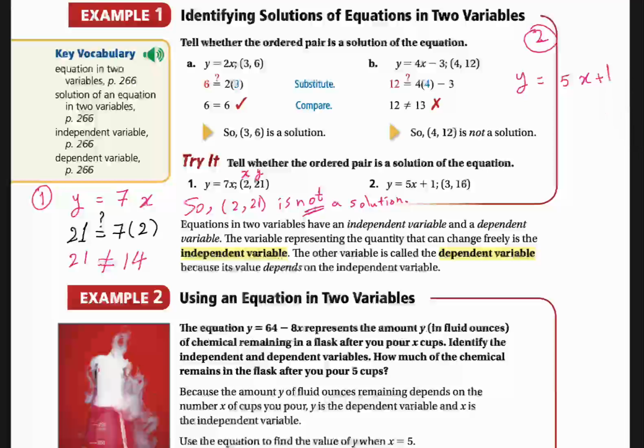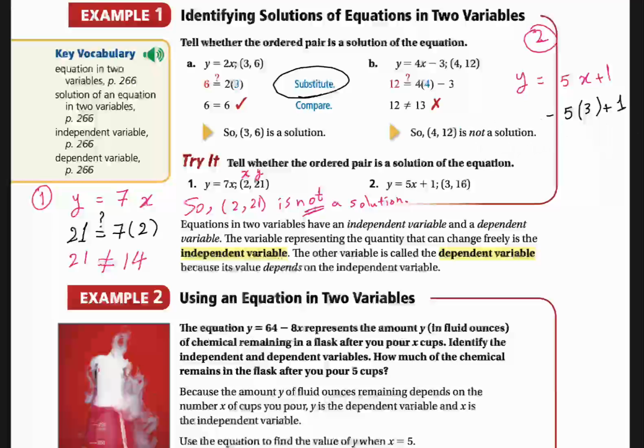So I will start with the right side. 5 times x means 5 times 3. I don't need you to simplify now, I will just write plus 1. This step we call substitution.